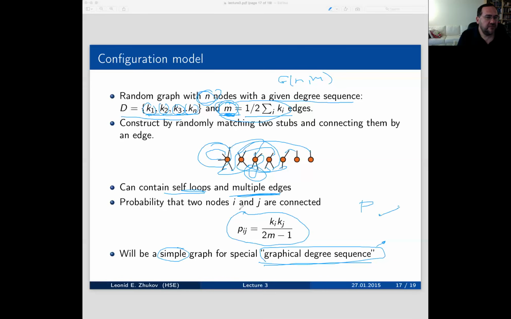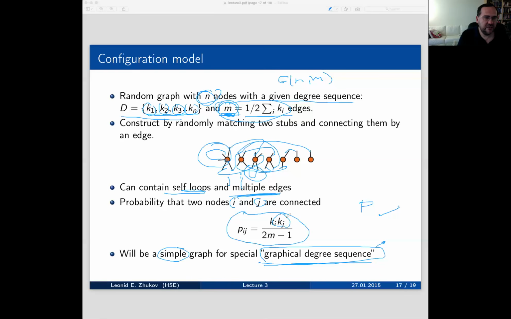Here, the probability that nodes i and j are connected will depend on the node degrees of i and j. It's obvious by the construction, right? If we take node i and try to connect it to node j, node j provides kj stubs out of all the stubs in the world.